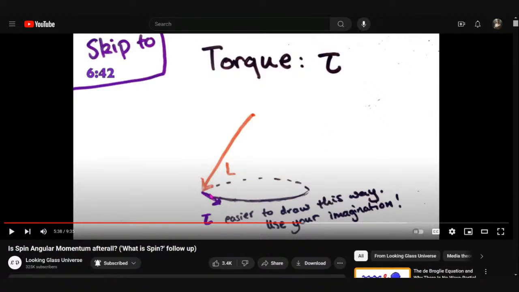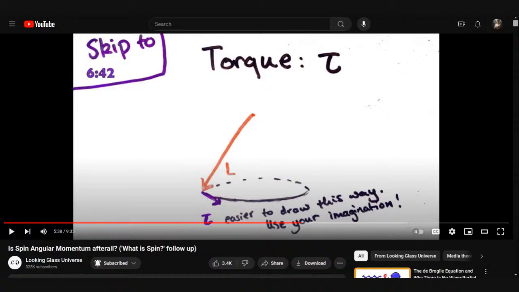You could say this is the force. We're forcing L, the angular momentum, to change, a delta change along the tangent to the circle. So every time we're changing L, just a little bit, just a little bit, just a little bit.